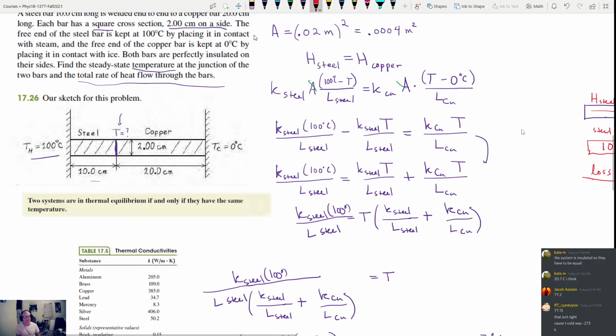This is what it would look like, right? You'd have another term here, which would be plus K copper over L copper multiplied by, instead of 0, 273 Kelvin. And then that would get added to the left-hand side right here. And then eventually you'd have to divide everything. So what would end up happening is you'd have another term up here.